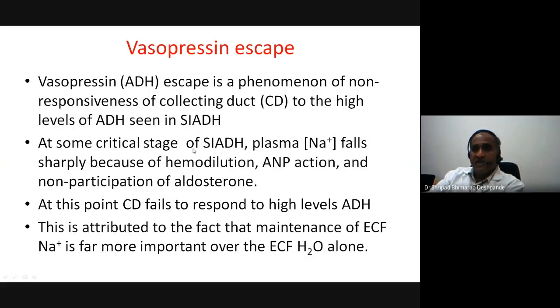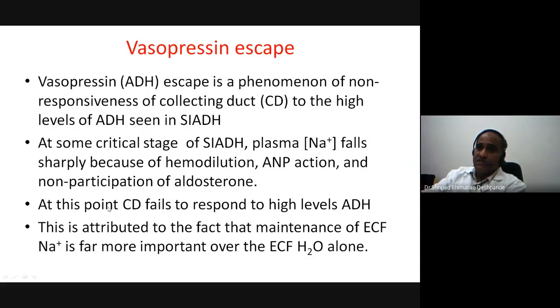At some critical stage of this syndrome of inappropriate ADH secretion, plasma sodium levels fall so low because of the dilution, because of the atrial natriuretic peptide action, or because of the non-participation of the aldosterone. These are the three culprits for a low sodium level.